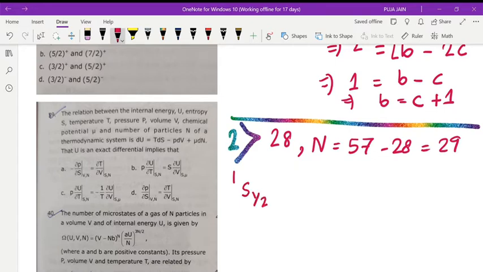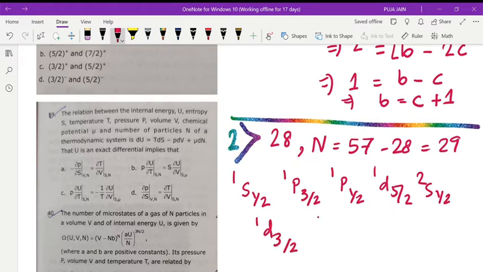This we have to learn. 1p 3 by 2, 1p half, 1d 5 by 2, 2s half, 1d 3 by 2, 1f half, 2p 3 by 2 and 1f 5 by 2. Okay.